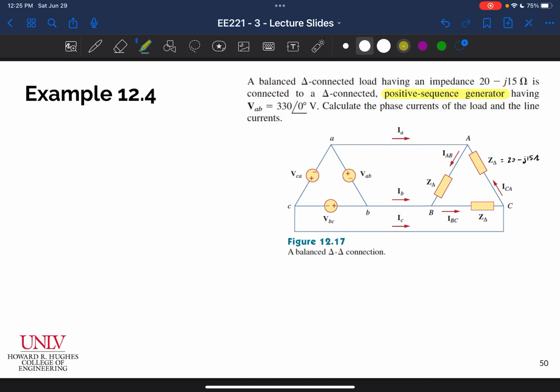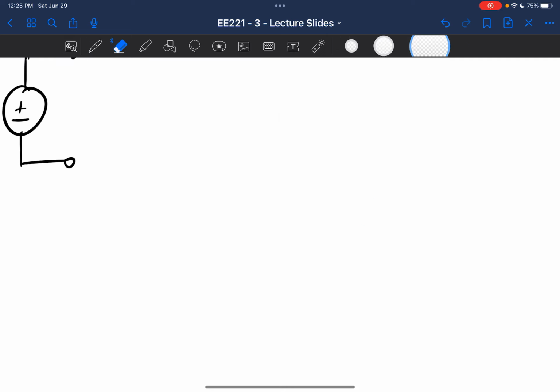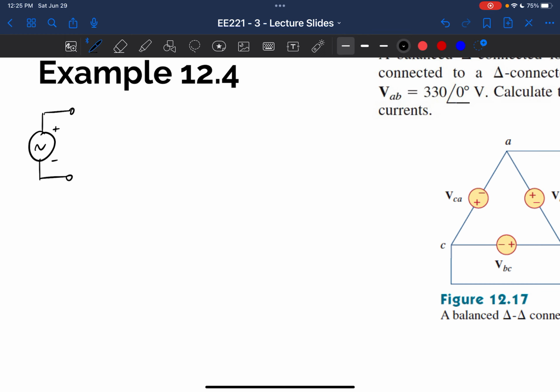For a positive sequence, that just assumes that VAB, in this case, they're giving us VAB. I like drawing it sinusoidal, with the plus and minus here if we want. That's going to be VAB is equal to, for them, 330 angle 0.